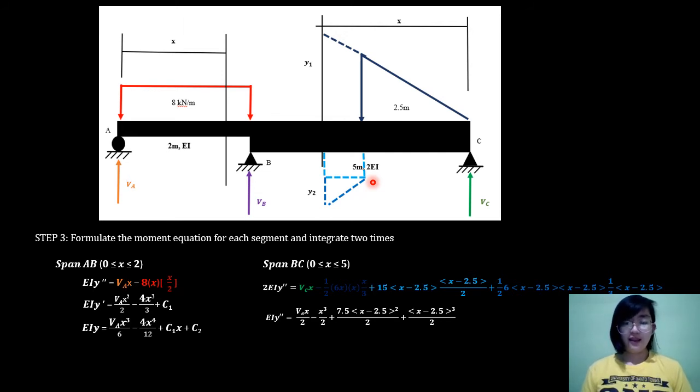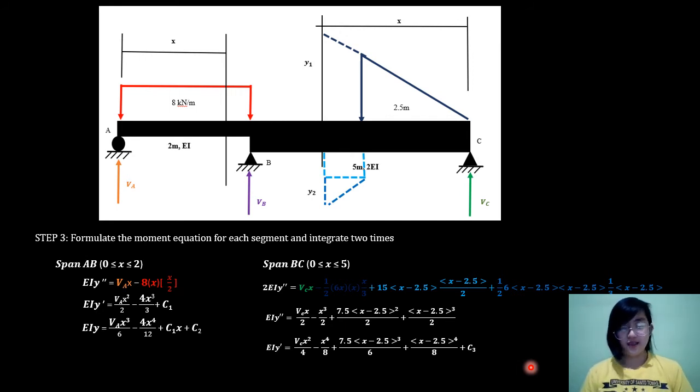So, now let's integrate it to get the slope equation. We will get this form: VCx squared over 4 minus x to the 4th over 8 plus 7.5 times x minus 2.5 raised to 3 over 6 plus x minus 2.5 raised to 4 over 8 plus C3.